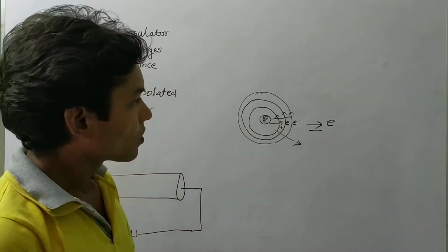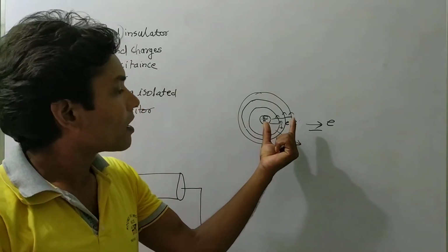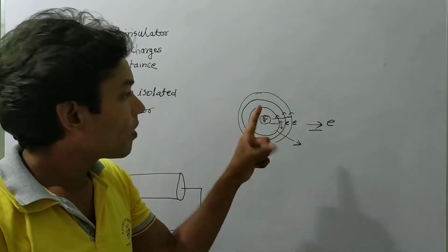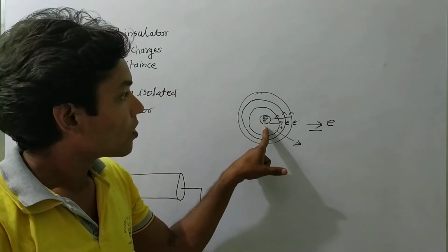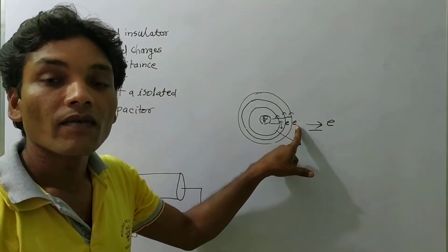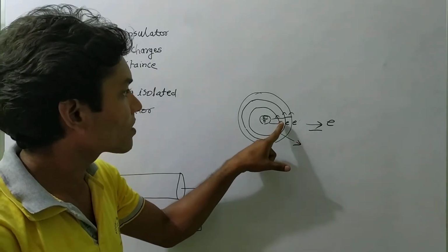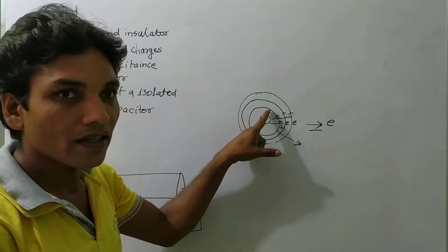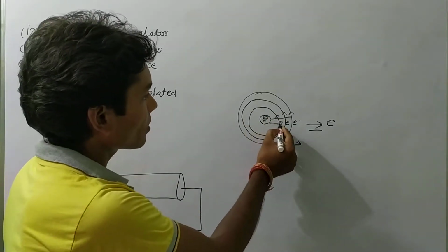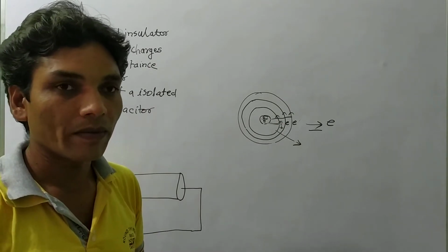So the attraction force of the nucleus on this electron will be very weak compared to that on electrons revolving in the inner orbit, because the distance of that orbit is very small.